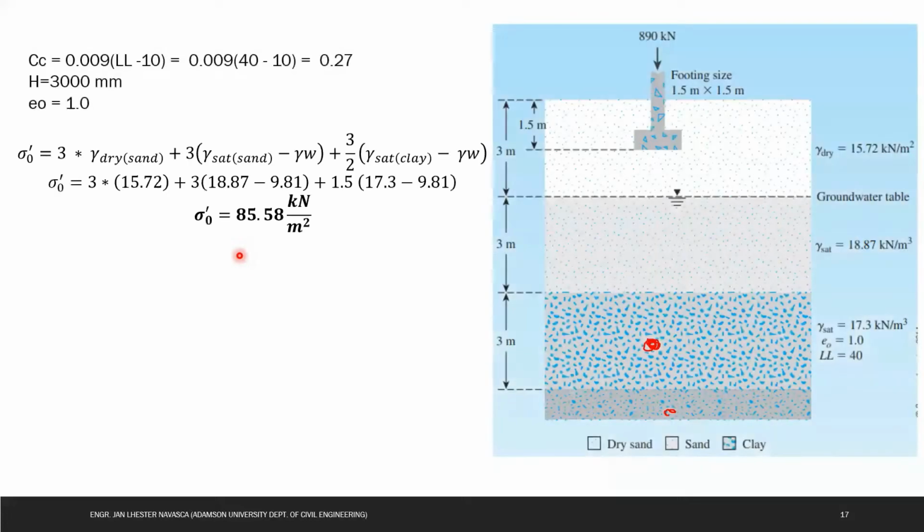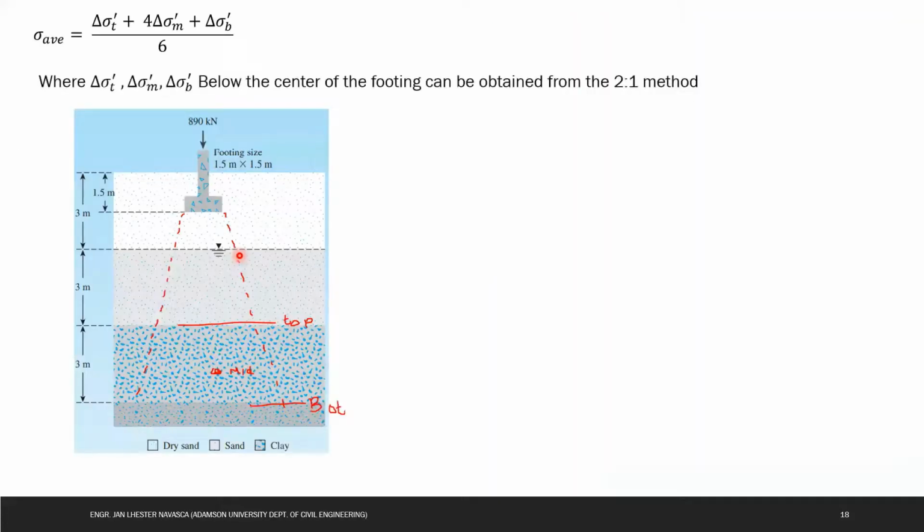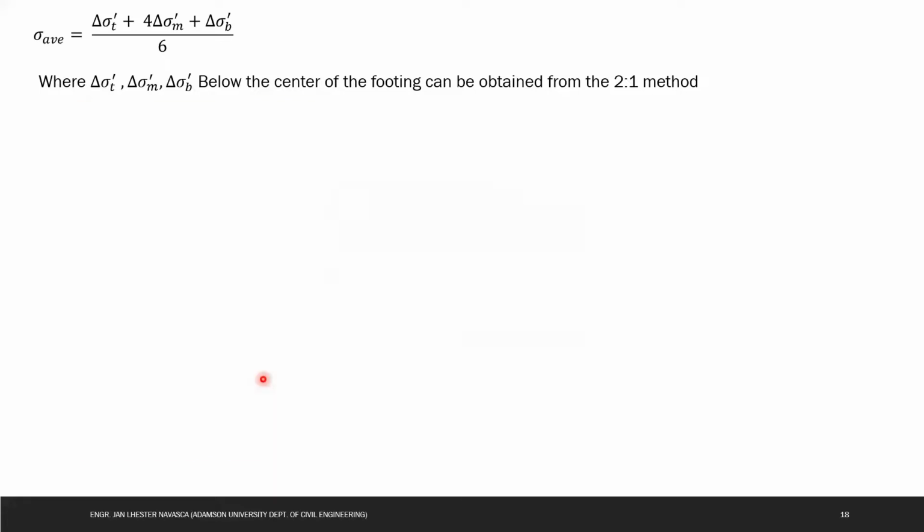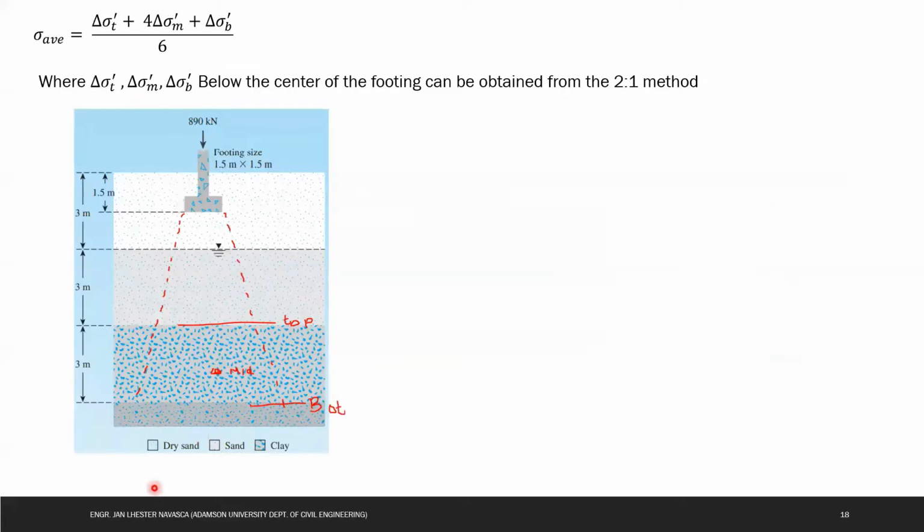So you need to draw an elastic line from the bottom of the footing to the bottom of the clay layer. So this ratio over here is 2:1.